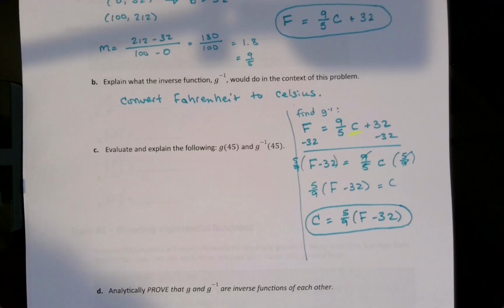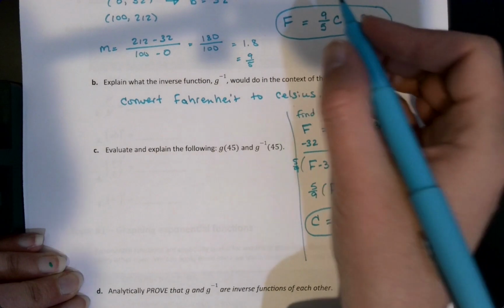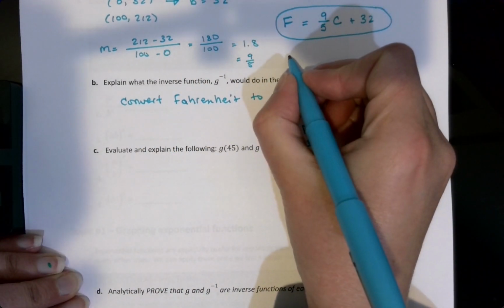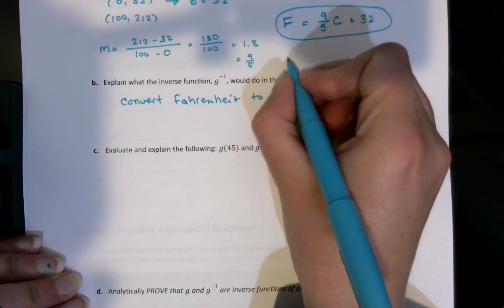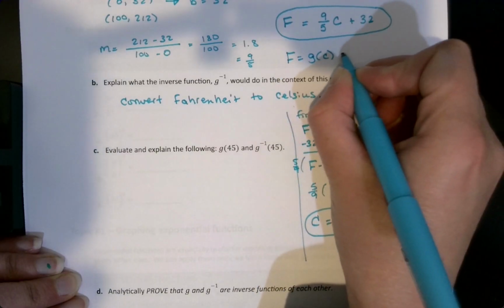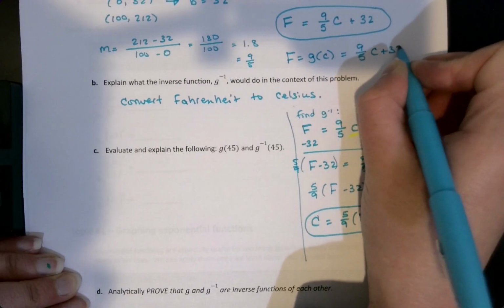Now evaluate and explain the following. So the g function is the name of the original function here. So I'm going to write this one more time in function notation. This would be F equals g of C equals 9/5 C plus 32.